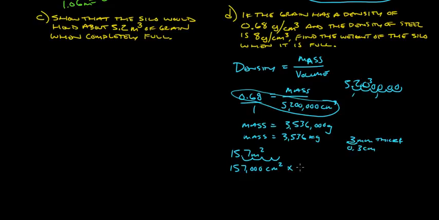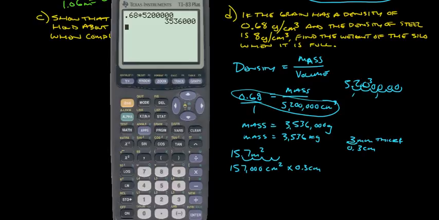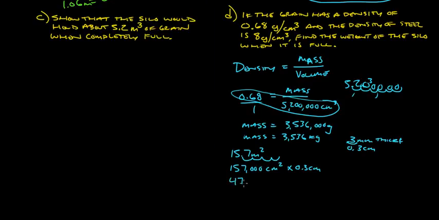We multiply that by 0.3 centimeters to get our total volume of steel that we're using. So 157,000 times 0.3 gives us 47,100 cubic centimeters of steel, right?